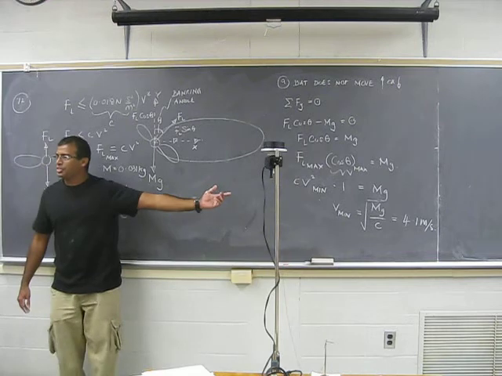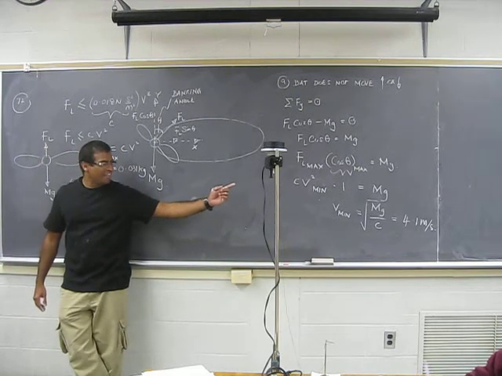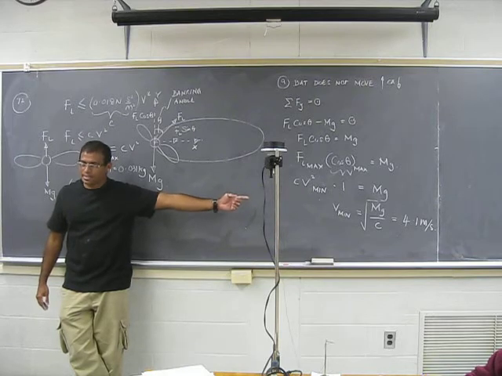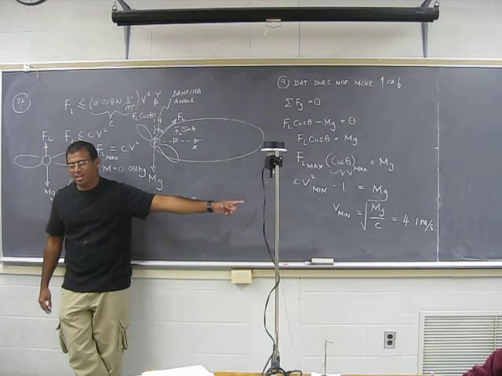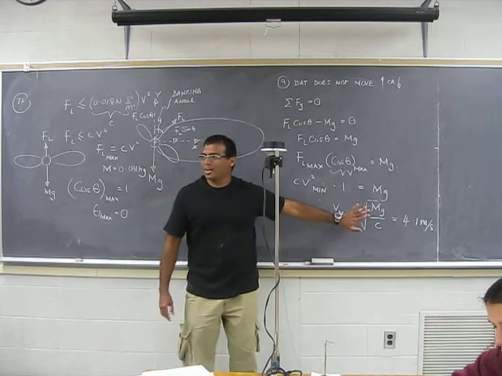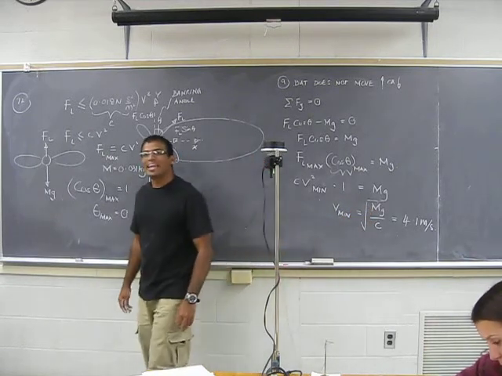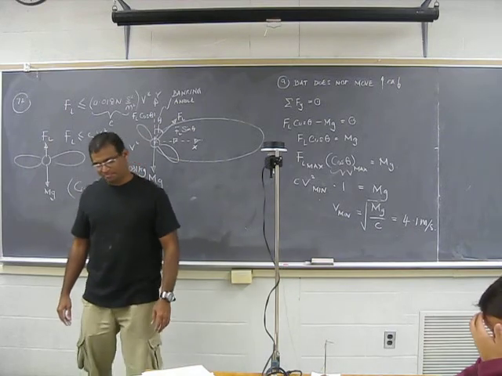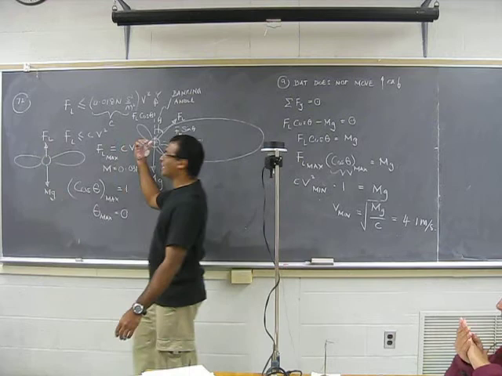This bat, if it were to fly with a speed anything less than this, it will not fly. It's a grounded bat. And worse, let's say for one reason or the other, this bat can only fly at this speed. It can never turn, because as soon as you try to turn, you have a banking angle.